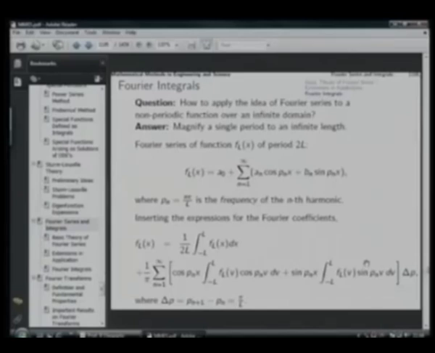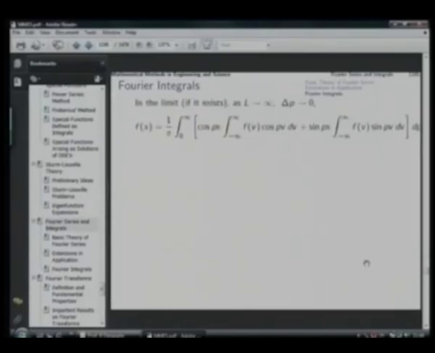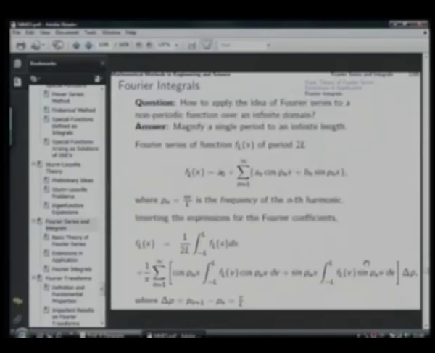Now, if we can find the limit, if it exists, as l tends to infinity, we are magnifying a single interval of size 2l, minus l to l. We are saying that as l tends to infinity, we are actually stretching the single interval to infinite size, minus infinity to plus infinity.